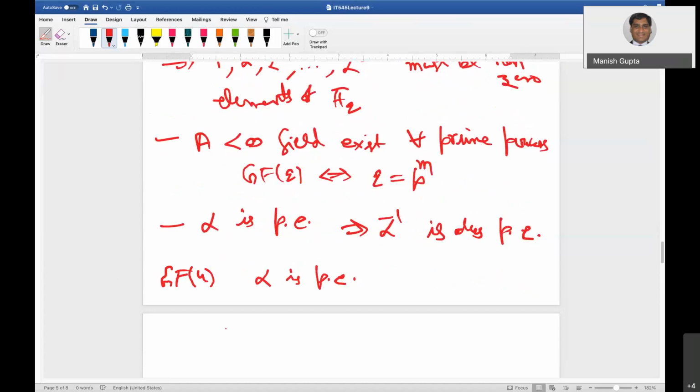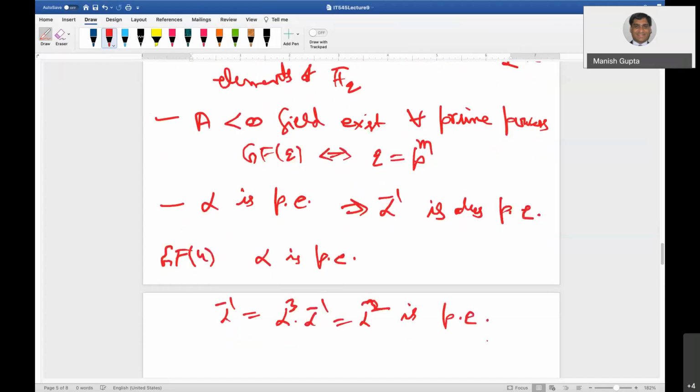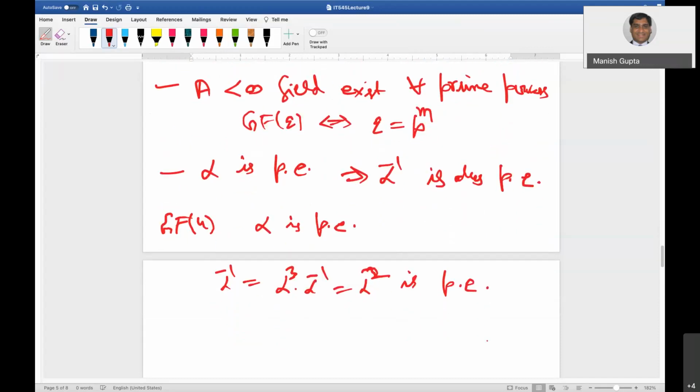So what is alpha inverse? Alpha cube into alpha inverse, because alpha cube is equal to 1, is nothing but alpha square. So alpha square is a primitive element, right? Because in GF4 there are two primitive elements, alpha and alpha square. This is how you can see that.